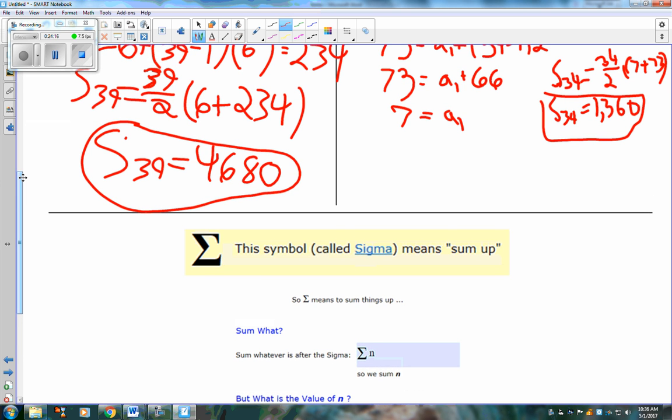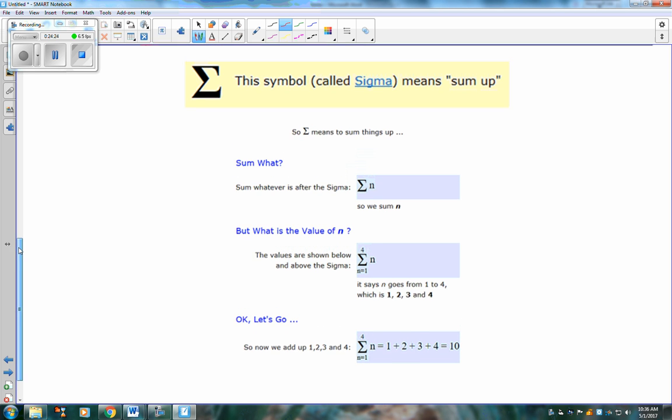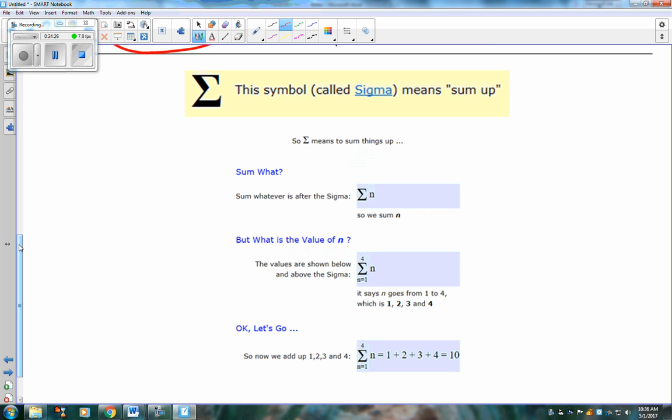As you're finished checking your answers, if you look at the bottom of this page, it has this symbol. This is called sigma. It's a Greek letter. Why are we learning Greek in math?